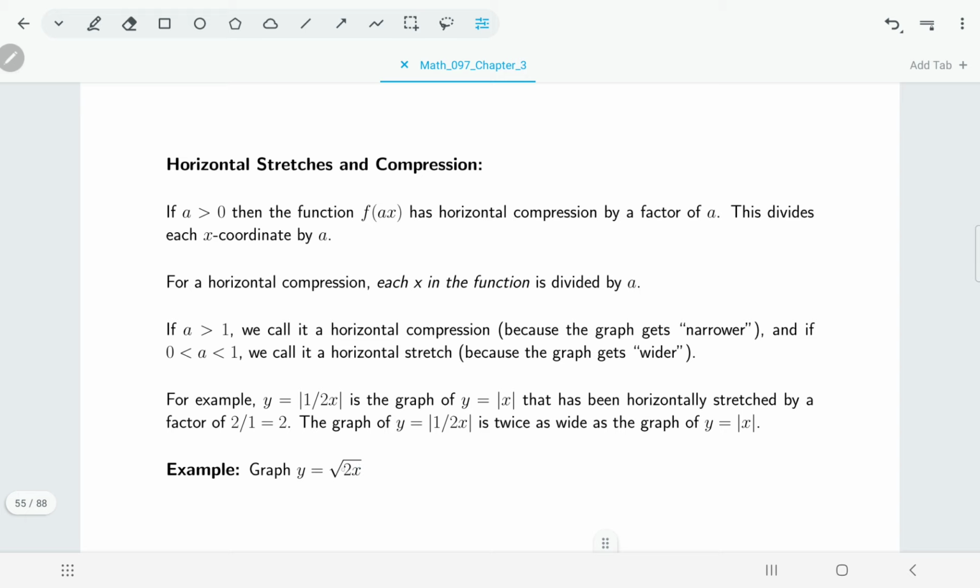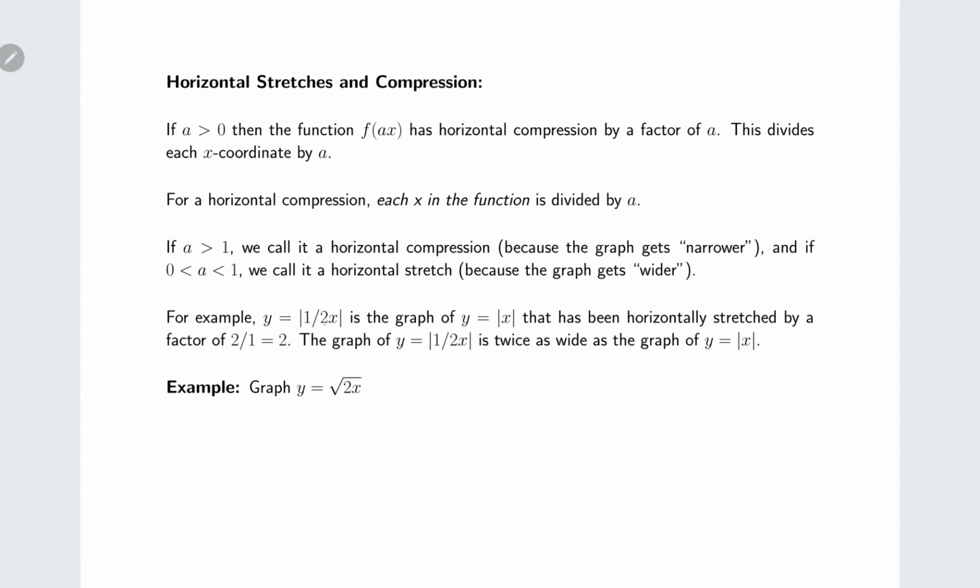It means we're actually going to be 2 times narrower. And something like a 1/2 x, instead of being 1/2 as wide as it originally was, it's actually going to be 2 times wider. What we'll be doing is, instead of multiplying each value of x by whatever this number a is, we'll be taking each x and dividing it by whatever the value in front is.